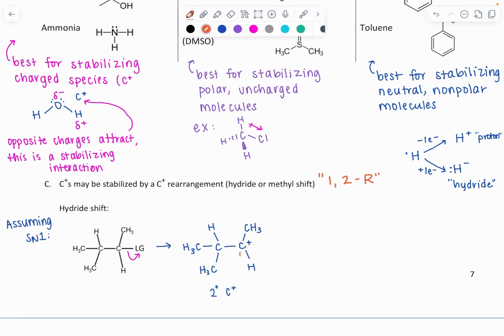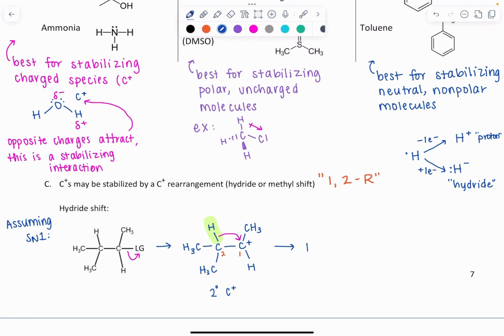We'll say this is carbon 1, adjacent is number 2. And we are rearranging. I'll highlight this hydrogen and shift it with its electrons to the carbocation. So this is a curved arrow mechanism, from the hydrogen bond to the carbocation.